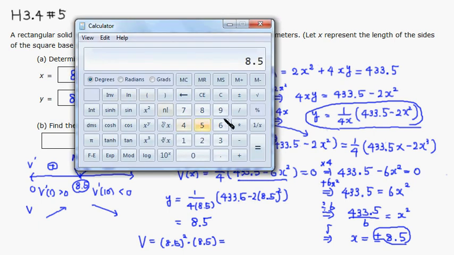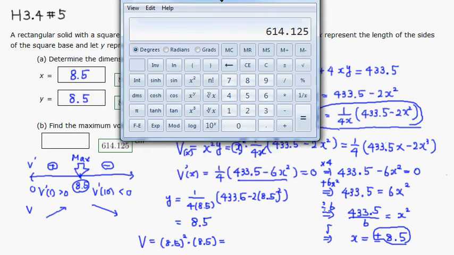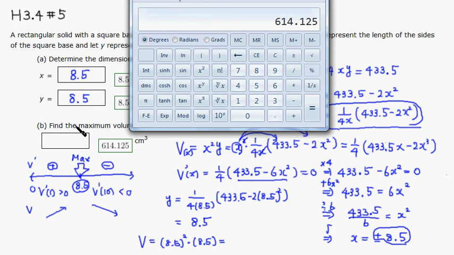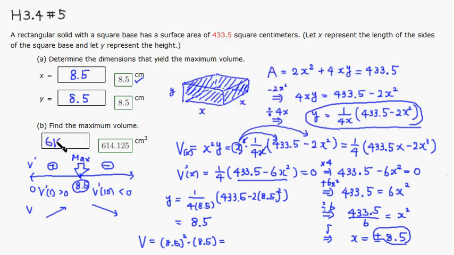If you raise 8.5 to the third power, you have 614.125. So 614.125 is the volume, which is the right answer. All right, that's it. I hope that this was clear.